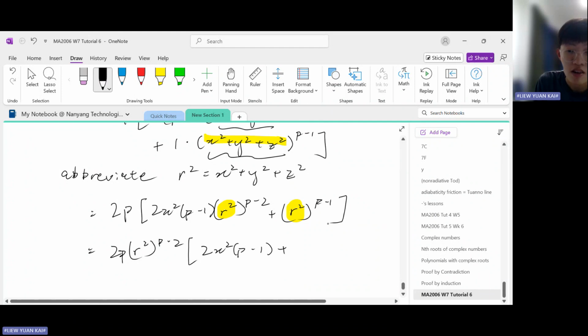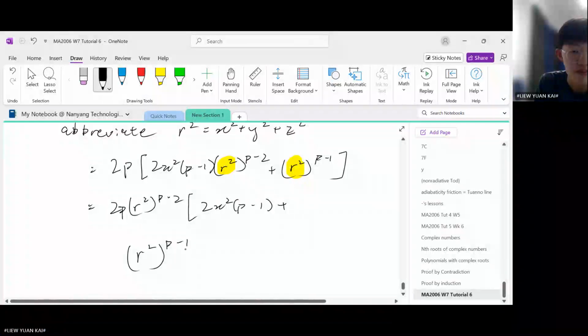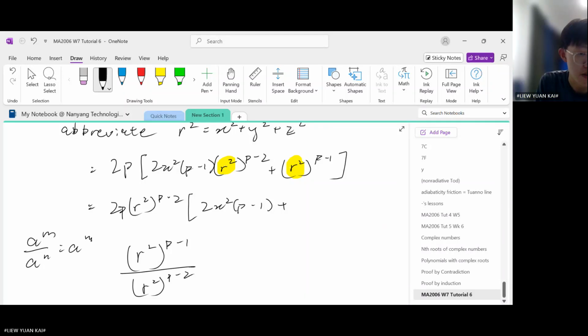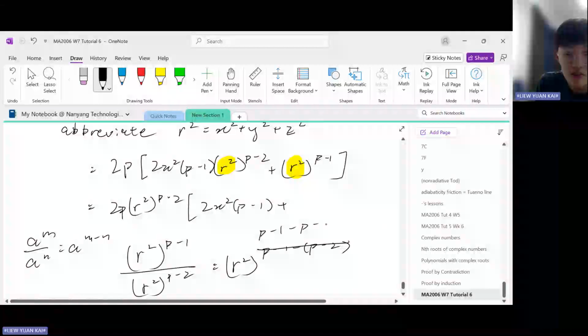plus. Okay, so how do I factorize this? If I factorize it, it means I divide. So what is this divided by this? Based on the laws of indices, it will be the same base, but you subtract the powers: p minus 1 minus p minus 2, which is p minus 1 minus p plus 2.